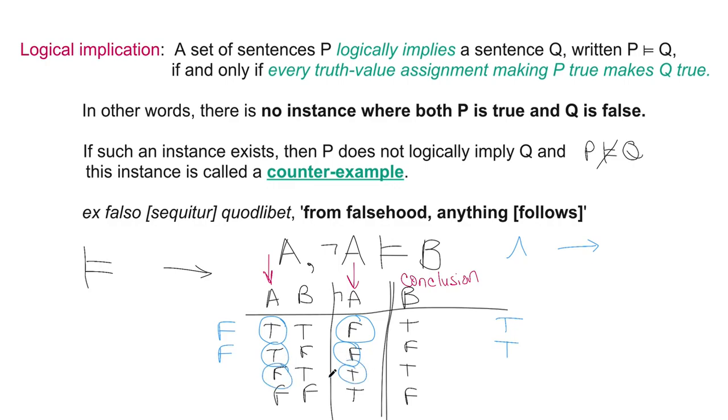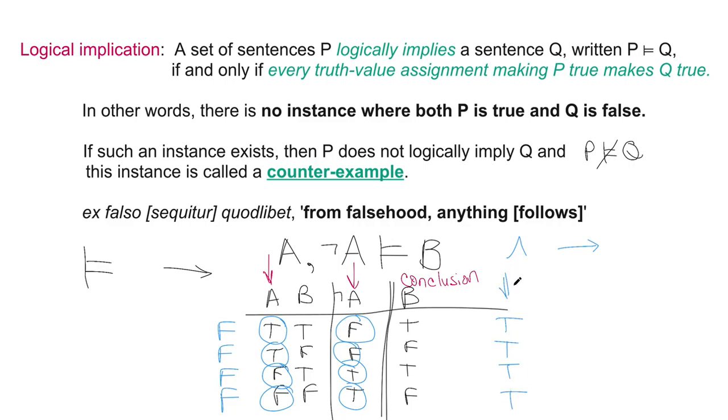Again, we have false and true. That's going to be false, false, arrow, true. That's true. And then false, true. That's going to be false because false and true is false. And then false, arrow, false is also true.